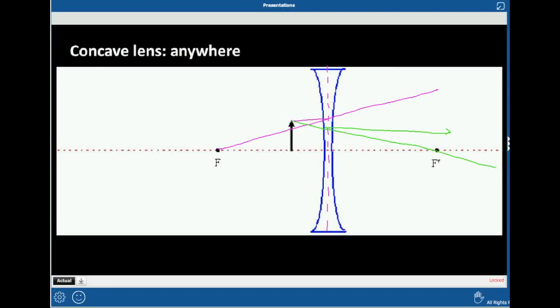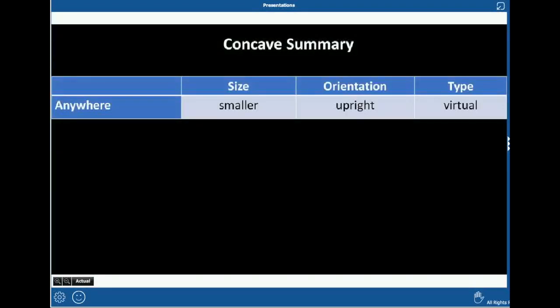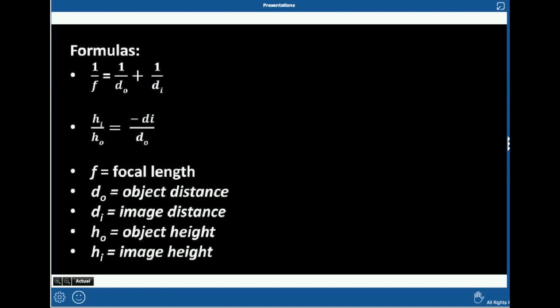Okay, and then our image is going to be there. Okay, so that's how you would do a concave lens. For these, they're going to be smaller, upright, and virtual every time.